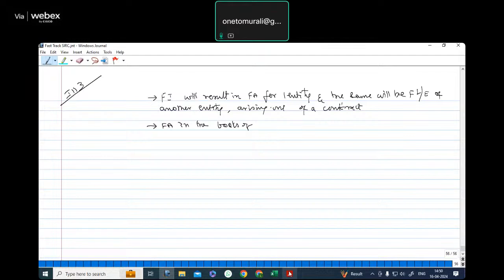The classification as amortized cost, fair value through other comprehensive income, or fair value through profit and loss should be done only at the initial stage and not at every stage through the contract. So the answer is going to be the same as it was just done.